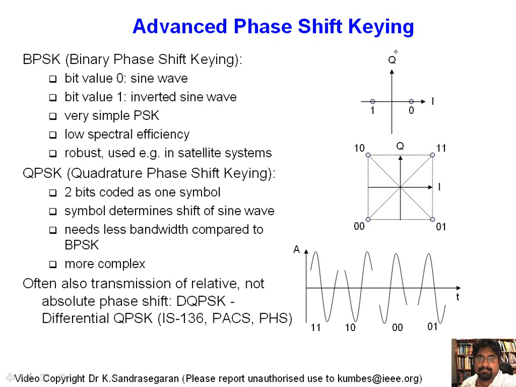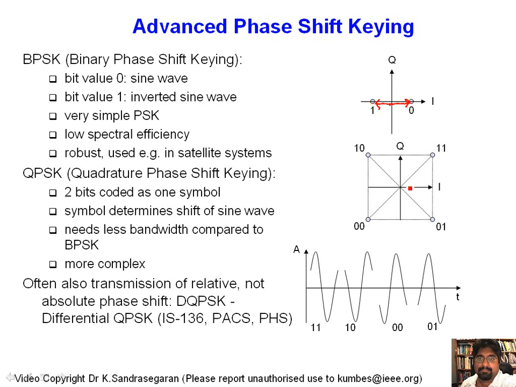So in the phase domain you would represent binary phase shift keying with two phases. This phasor here corresponds to a phasor that is transmitted for a 0. This phasor here represents a phasor that is transmitted for a 1. So you either transmit this sinusoid or this sinusoid, and the two sinusoids are essentially 180 degrees apart.